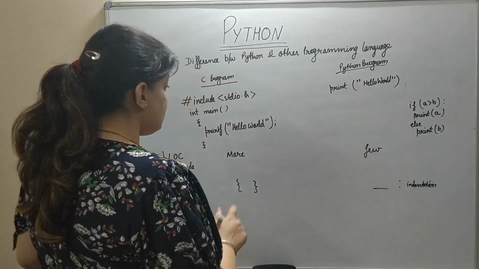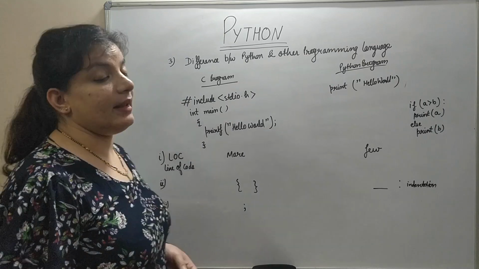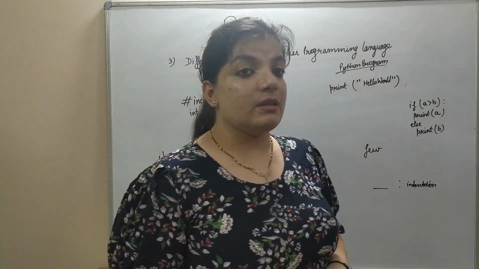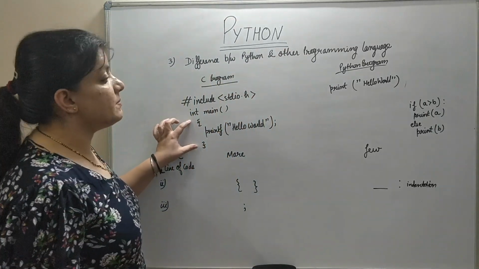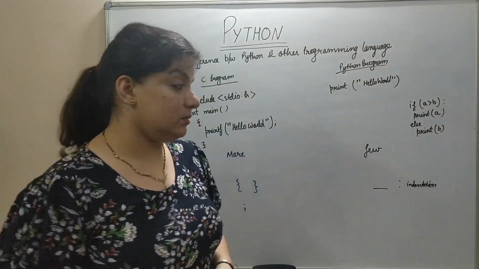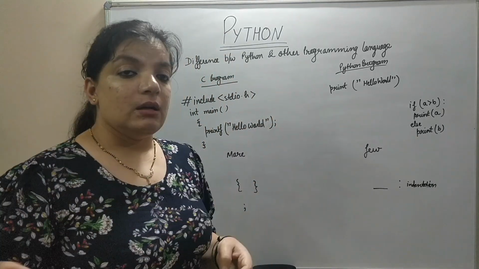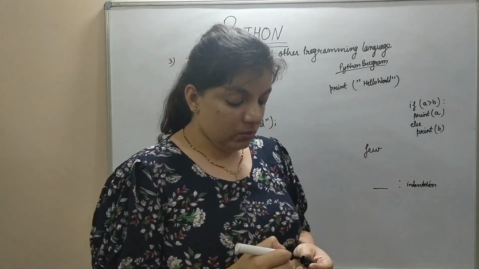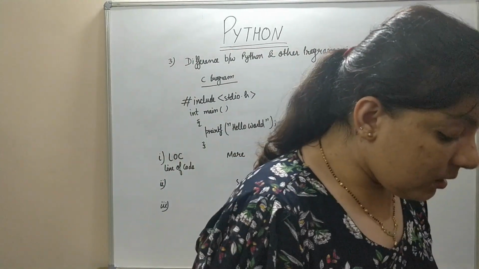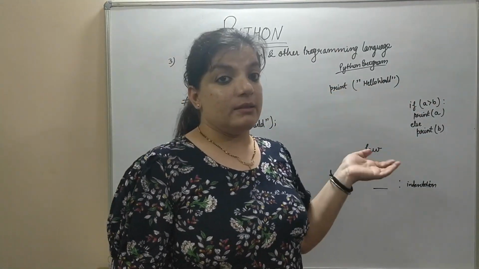So in C we must write a semicolon at the end of every statement within the block, and in Python we don't need to write any semicolon. We just need to take a new line to complete the command.